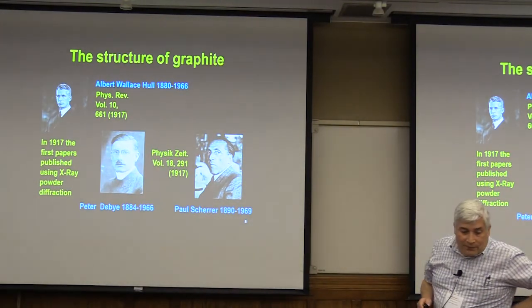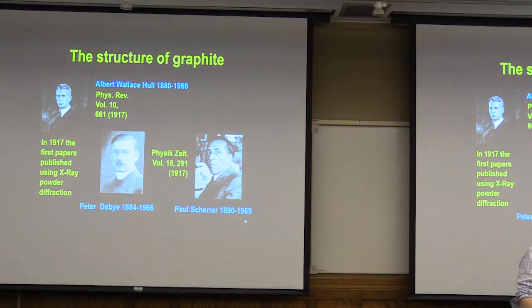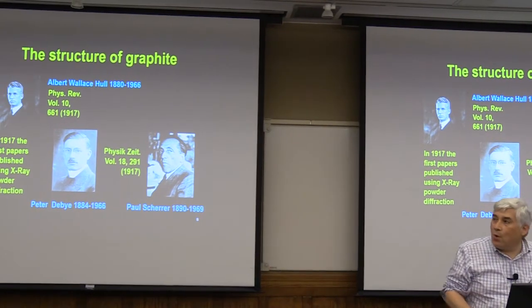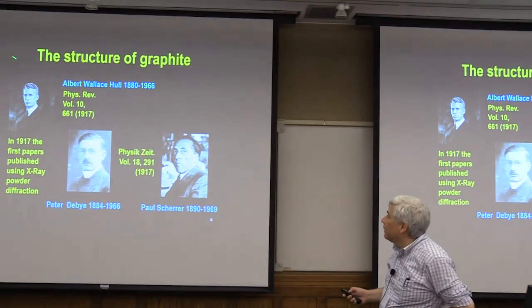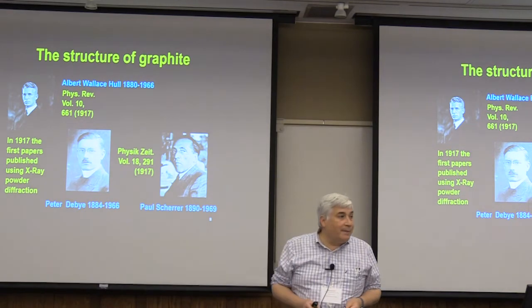Okay, well, structure of graphite. Believe it or not, the structure of graphene was known more than 100 years ago. And this was known since people started to perform X-ray powder diffraction.